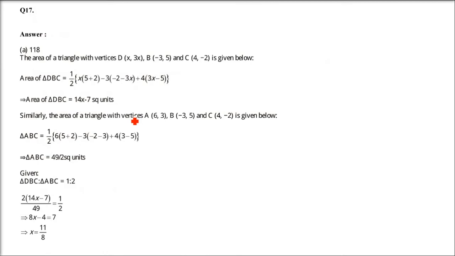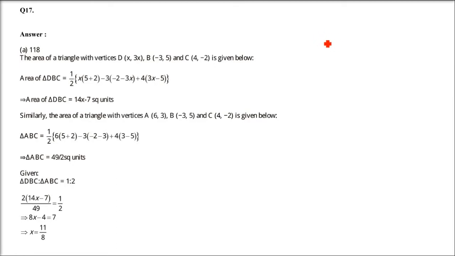This one is question number 17. We have A, B, C, D. These are 4 points. The triangles formed are in the ratio 1:2. Then x is equal to. So we have a quadrilateral we are going to make, and we will have 2 triangles in this quadrilateral.